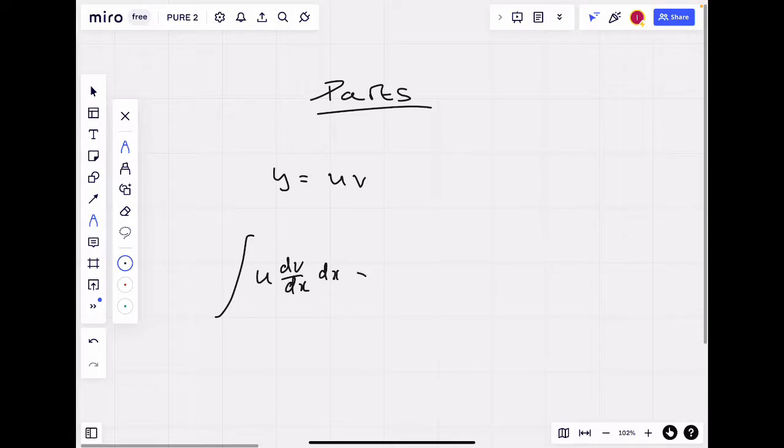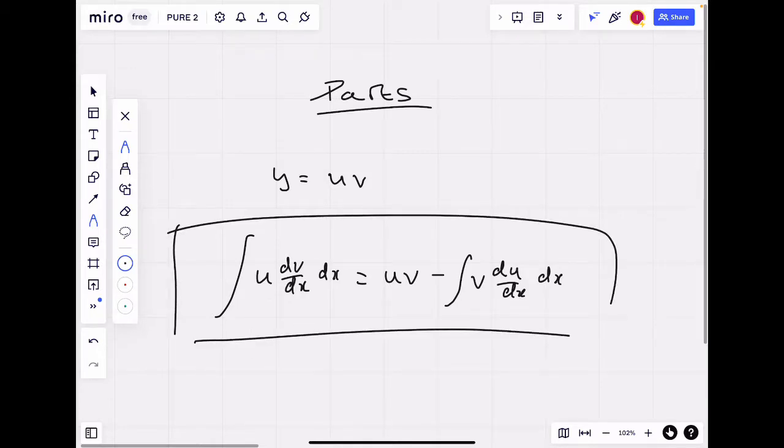This is going to be equal to uv minus the integral of v du by dx with respect to dx. That's the integration by parts rule. This you have to know, and the more you do it, the more it's just going to stick, really.